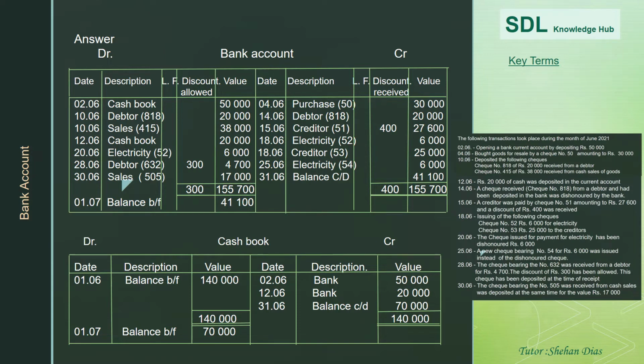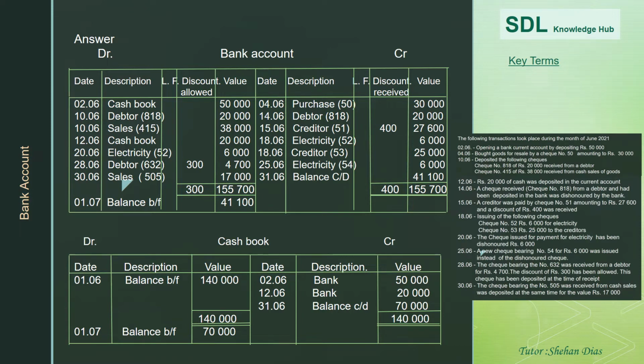So the bank account will get debited for 4,700 stating debtor. And in the discount allowed column, which is an expense, you should record the discount allowed of 300.